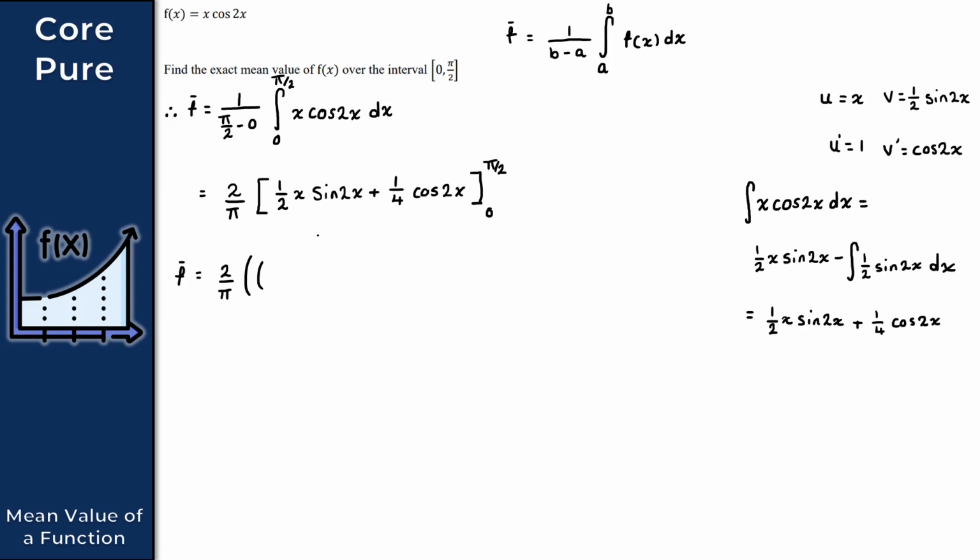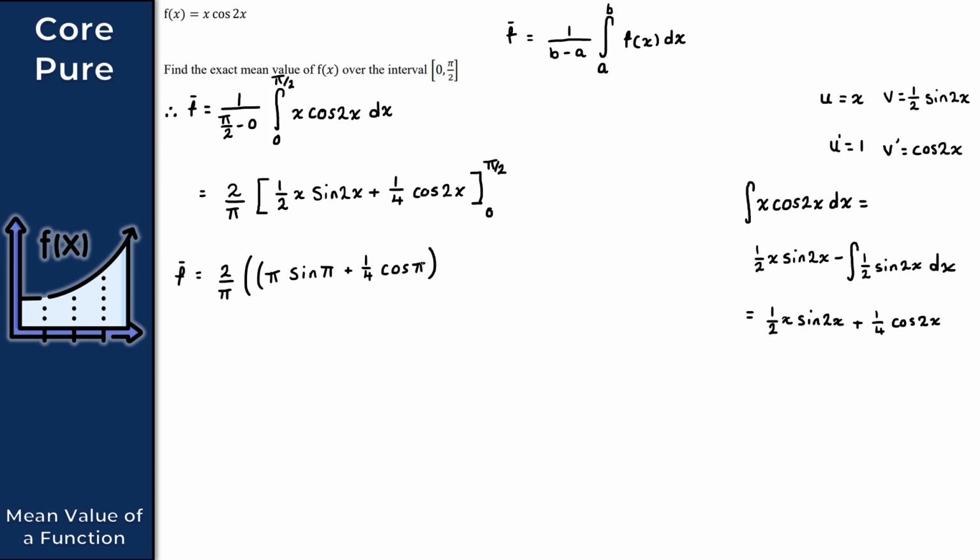So we get a half times pi over 2, so that just gives me pi there. We then have sine of 2x. So if x is pi over 2, that's sine of pi. So we get pi sine pi, like so. We then get plus 1 over 4 cos pi, like so. So that's my upper limit there.